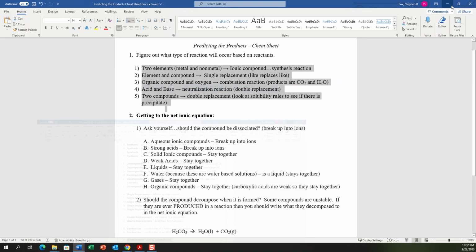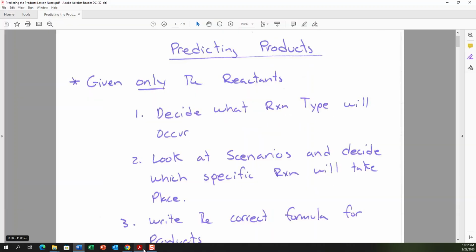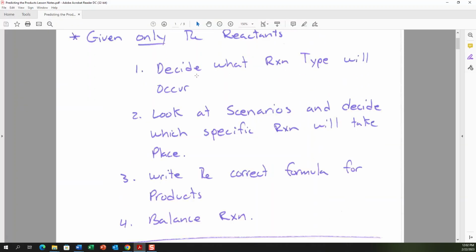When you're tasked to predict the products, you have to decide first, based on the reactants that you have, what type of reaction will occur.